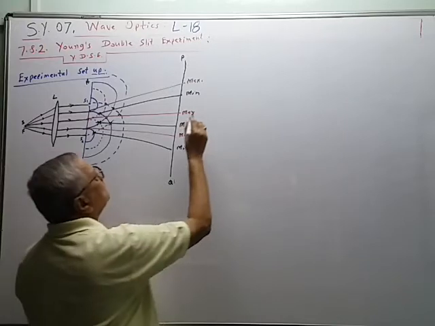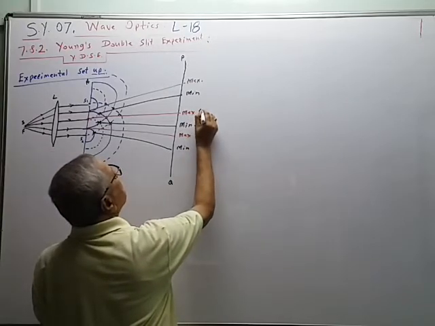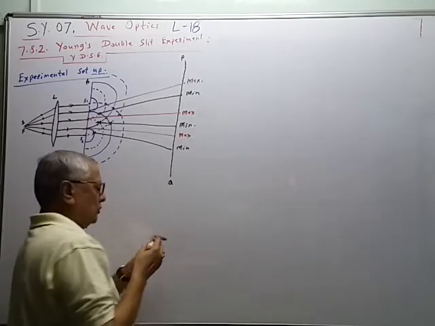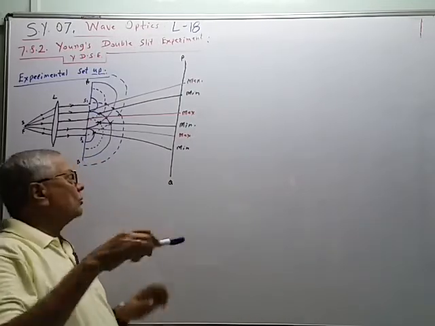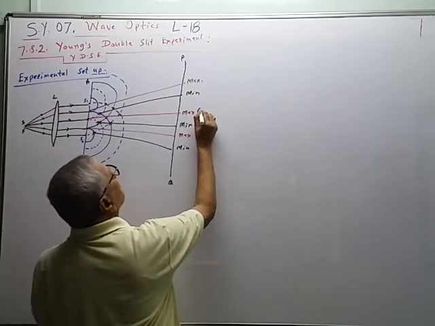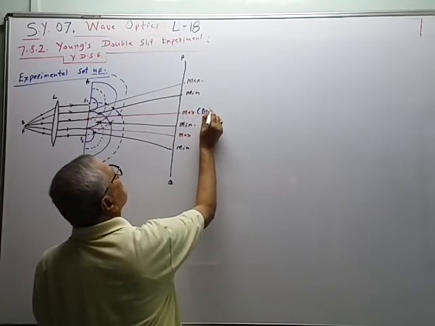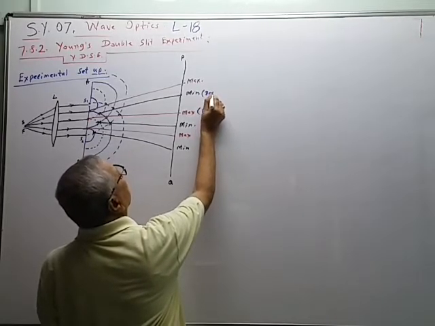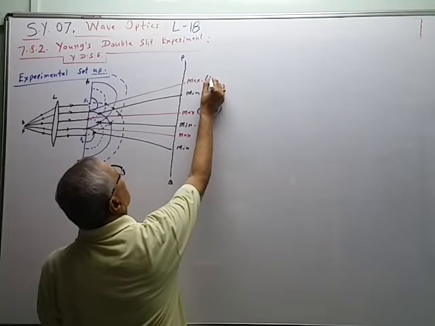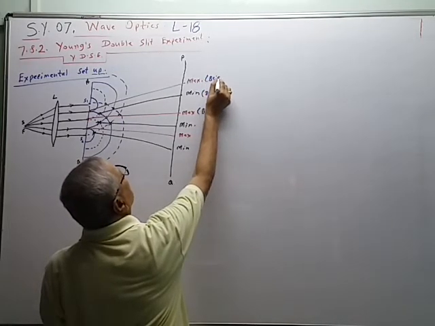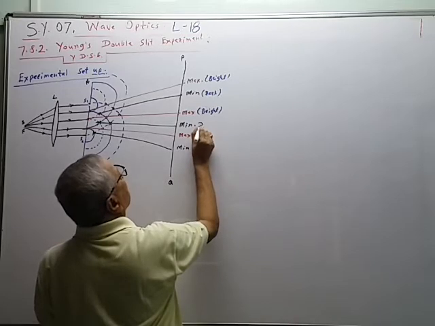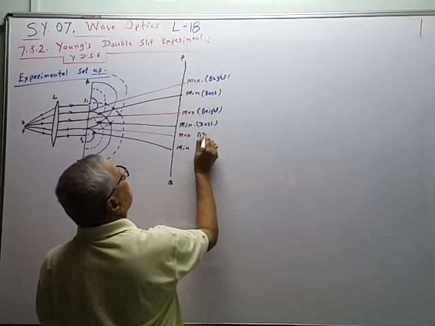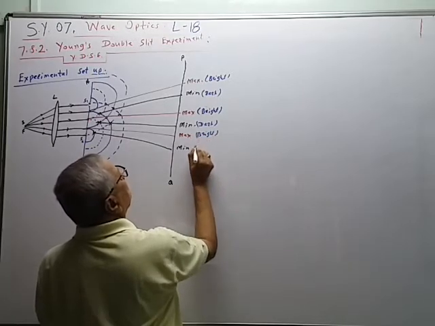So maximum means bright band, alternate bright and dark bands are observed. Bright, dark, bright, dark, bright, dark.